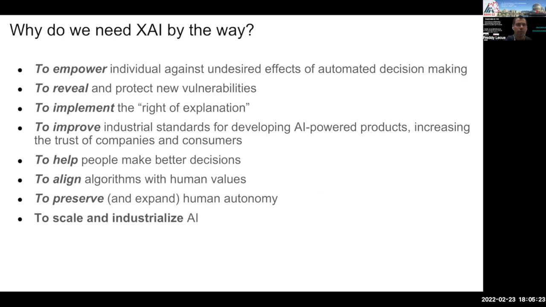Because we need to implement the right to explanation, that's in the core scope of GDPR in Europe. To improve industrial standards, I think standards have been a bit behind because of the AI wave. So they're trying to figure out how they can adapt standards and how you can do it.